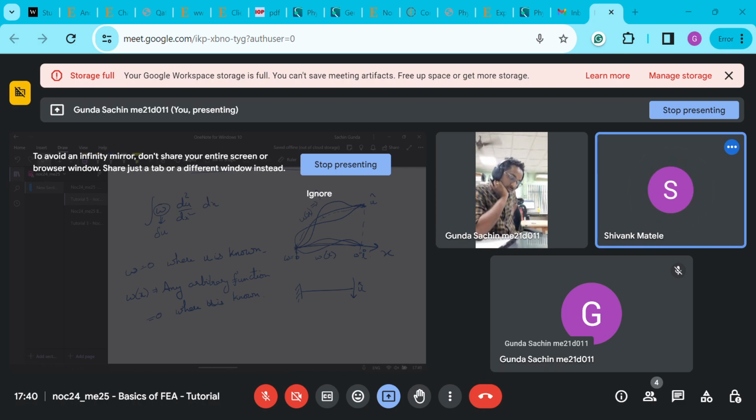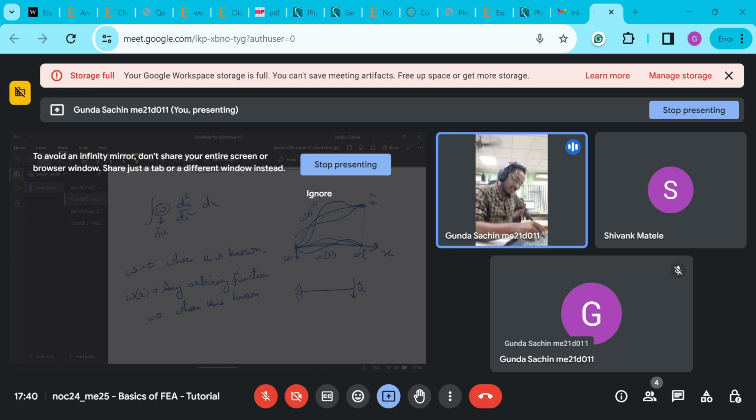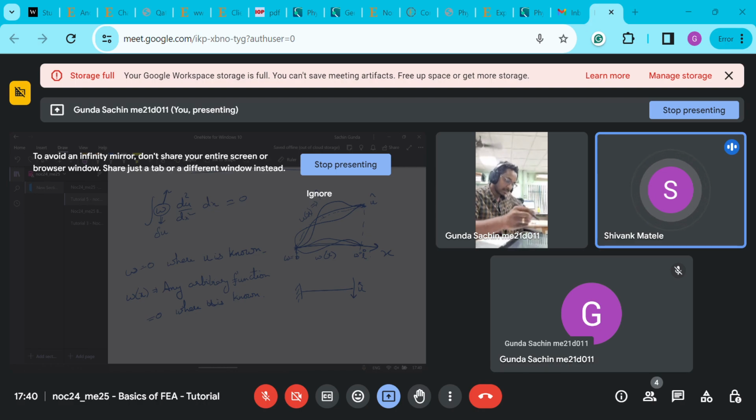But even if we don't take weight, we simply take error, then also the same thing is true. Then why do we go for weighted error? Actually, when you say this is 0, at each and every point the error becomes 0, not just the whole integral.